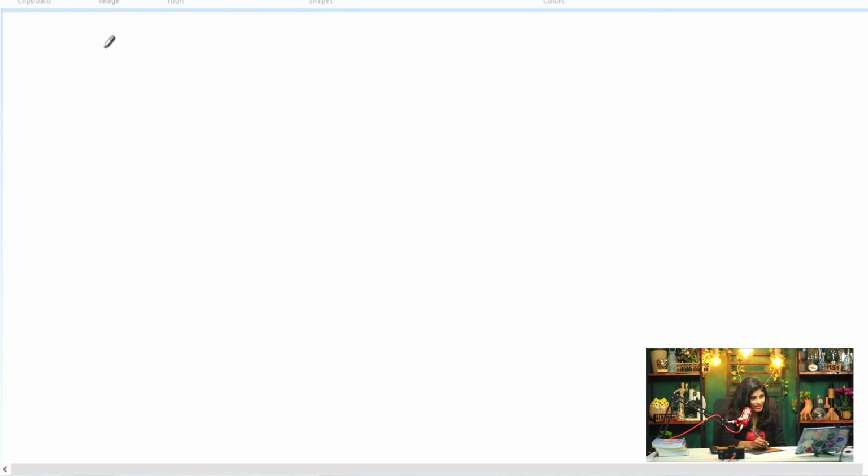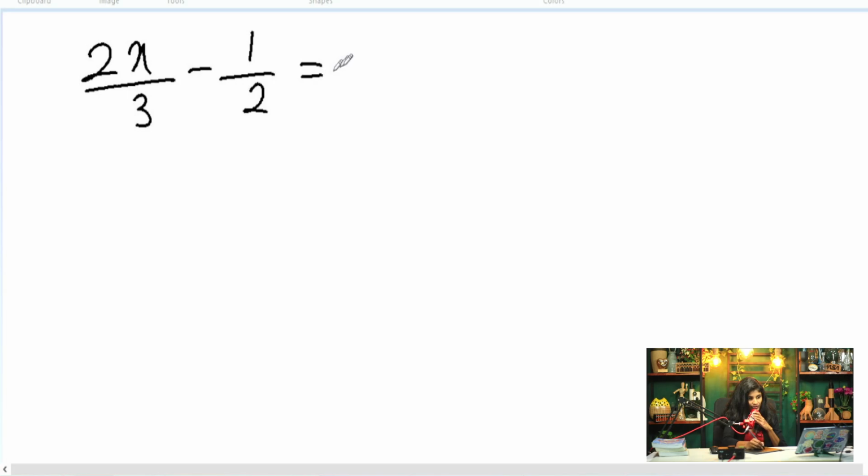Our next question. 2x over 3 minus half equals 4. Here, to make a common denominator, I will take the common denominator as 6.